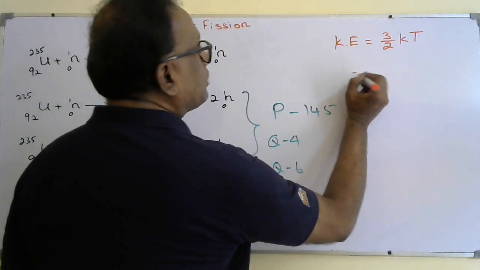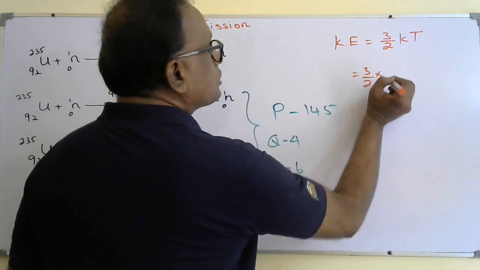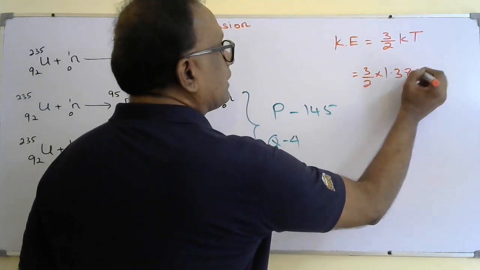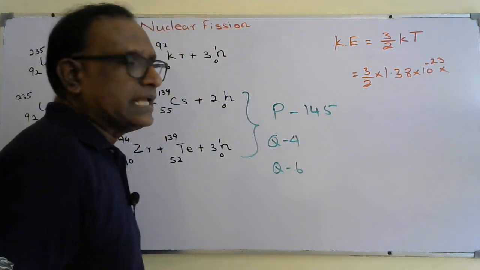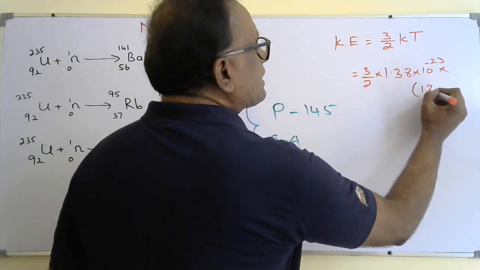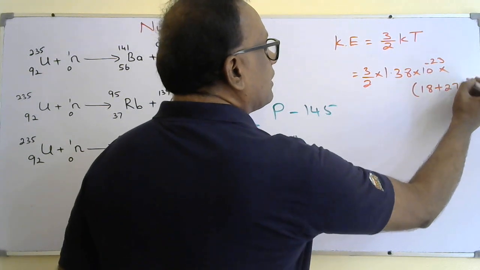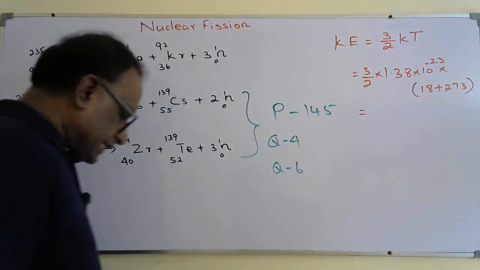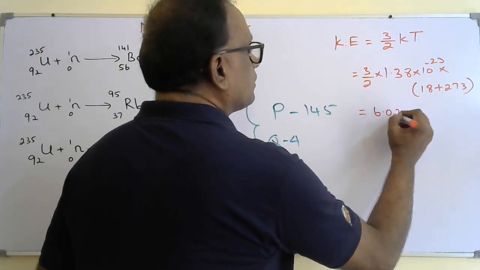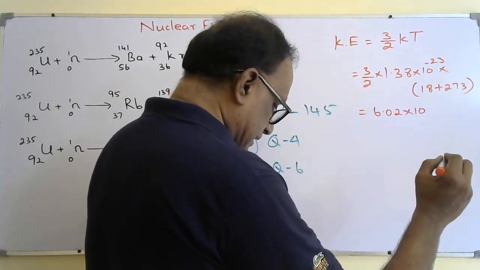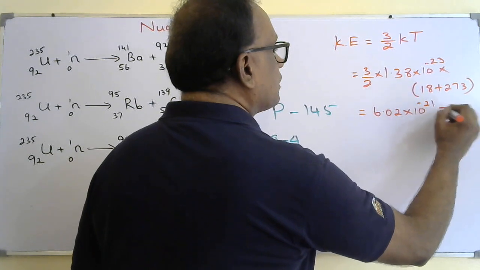If we use 3/2, the Boltzmann constant 1.38 times 10 to the power minus 23, into the temperature, almost 18 degrees Celsius plus 273, the energy will be equal to 6.02 times 10 to the power minus 21 joule.